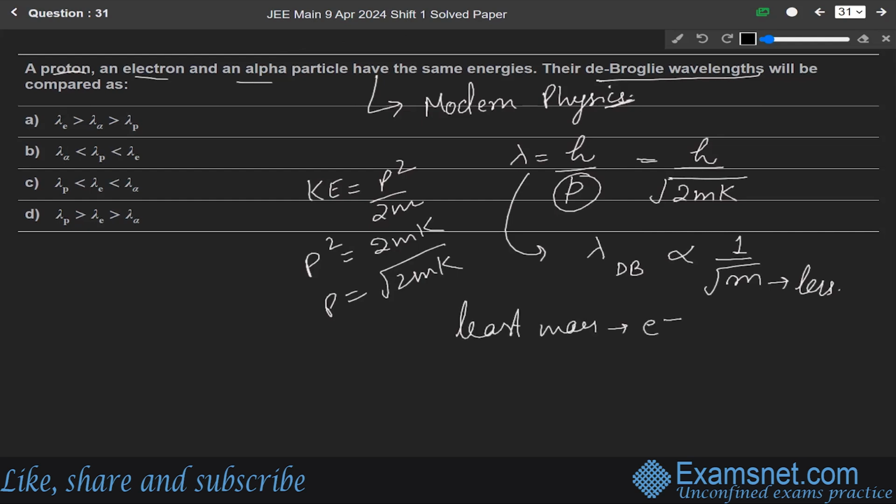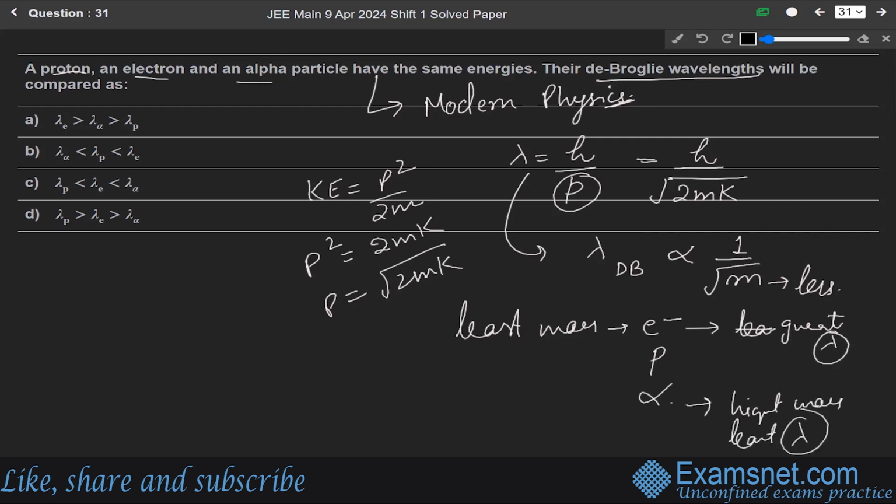Then after that we have the proton, and after that we have the alpha particle. So least mass means greater wavelength, and maximum mass means least de Broglie wavelength.